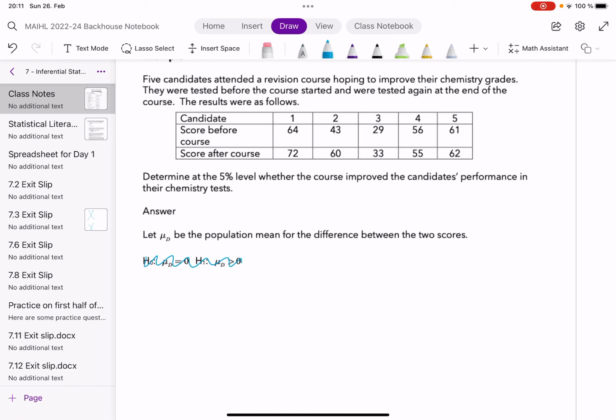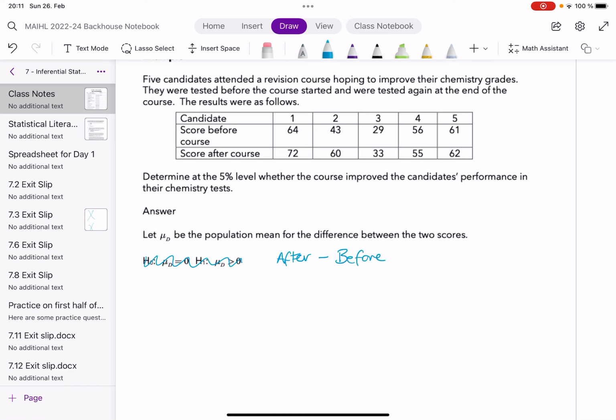Okay, so you can choose how you calculate your difference, whether you do the score before the course minus after the course, or after the course minus before the course, as long as you are very clear what you are doing. So to make it clear, I'm going to do the after course score minus before.